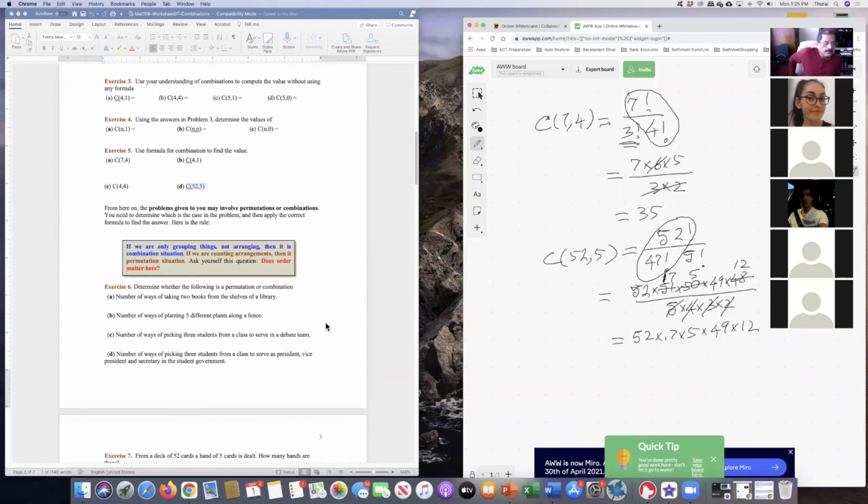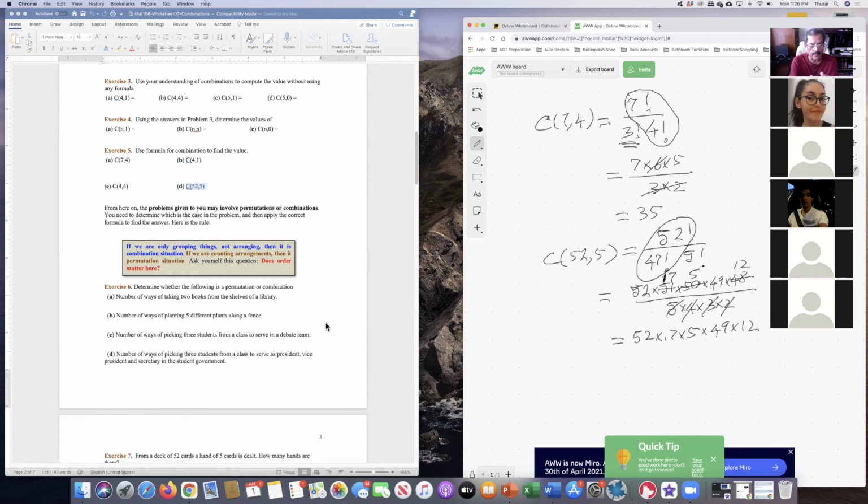Okay, so now the permutation, we learned permutation and combination. When it comes to application problems, you have to decide whether it's a combination problem or permutation problem. So the rule is this: does the order matter?